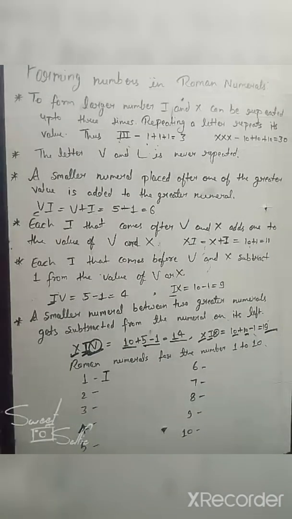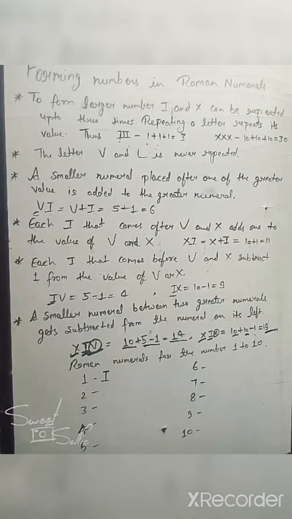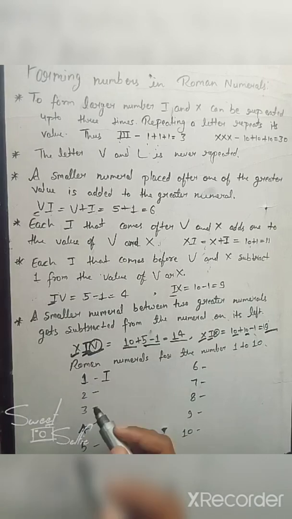Okay. So now can you write Roman numerals for the number 1 to 20? Using these rules we can write Roman numerals. So let us start from 1. So which alphabet represents 1?